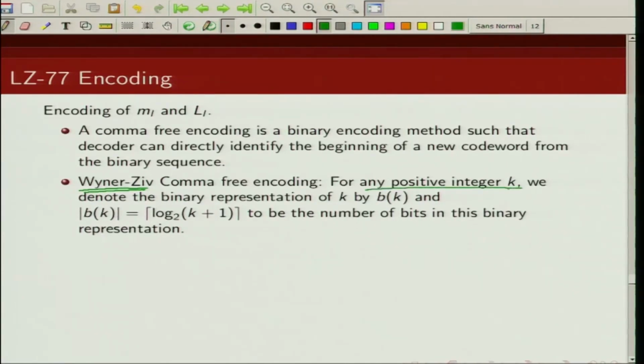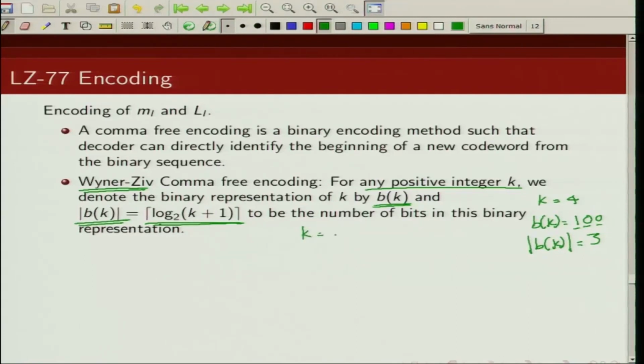If you have a positive number k, we denote its binary representation by b of k, and the number of bits required to represent the binary number we denote by the absolute value of b of k. So let's say k equal to 4. The binary representation b of k is 100, and this term will be equal to 3, because I need 3 bits to represent 4.